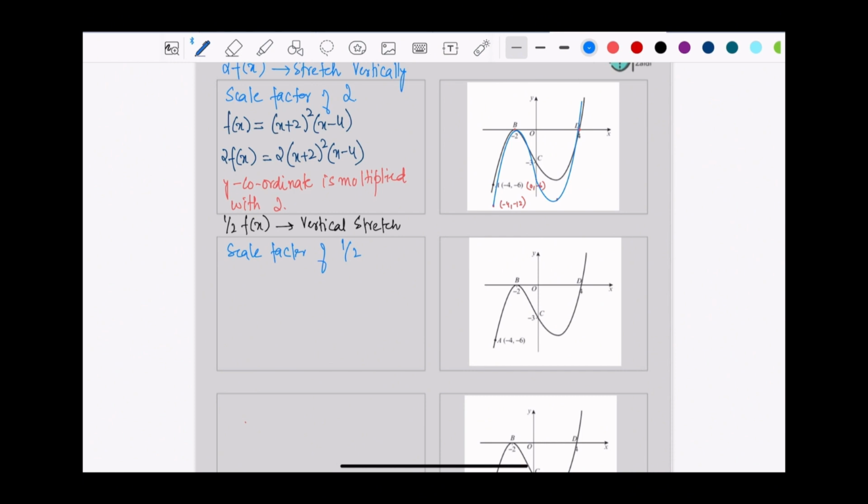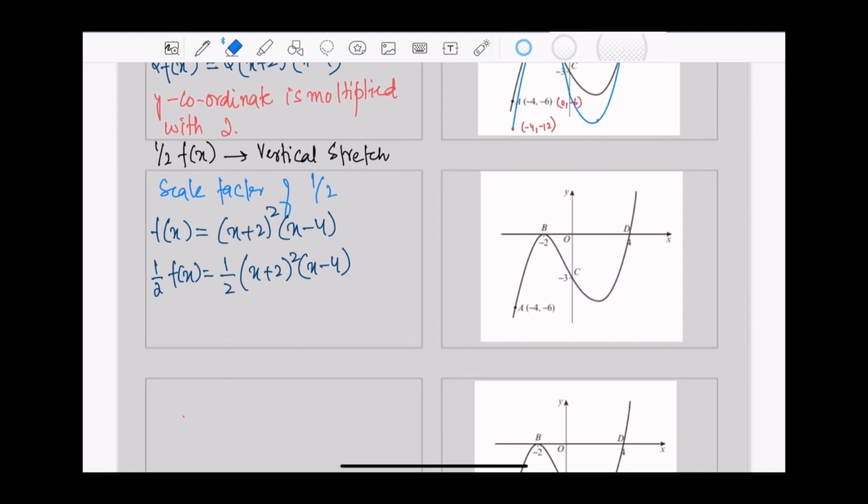So the equation here, f of x, which was initially x plus 2 whole squared times x minus 4, now 1 over 2 times f of x is going to be 1 over 2 times x plus 2 whole squared times x minus 4.